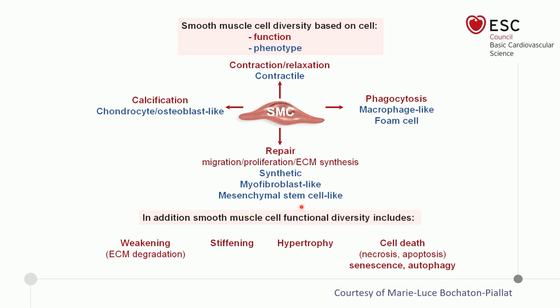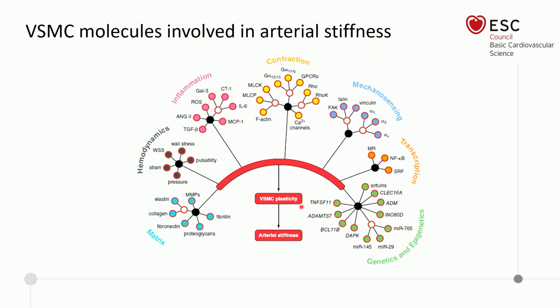In addition, smooth muscle cell functional diversity also includes weakening, which is defined by extracellular matrix degradation, more particularly of the elastin network, stiffening of the arterial wall, hypertrophy, and cell death. And to go further, in the role of vascular smooth muscle cells in vascular aging, we need to make an integrated visualization of all the vascular properties of vascular smooth muscle cells.